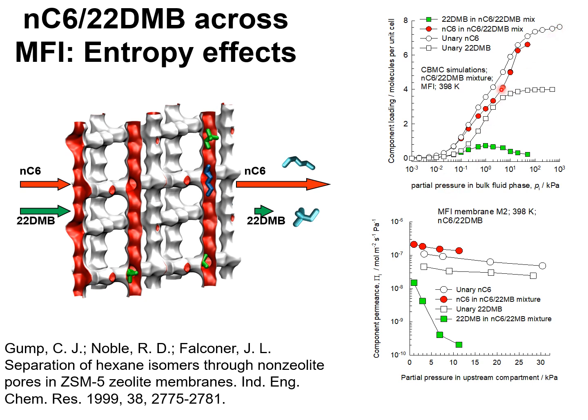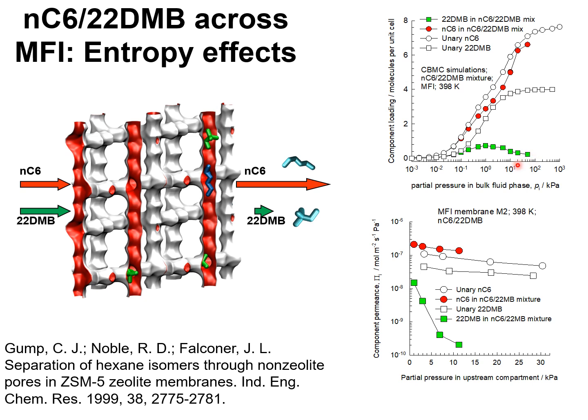So in a mixture of 2,2-DMB and NC6, the mixture adsorption is shown by the filled symbols. The red ones are for normal hexane, and the green squares are for 2,2-dimethylbutane.